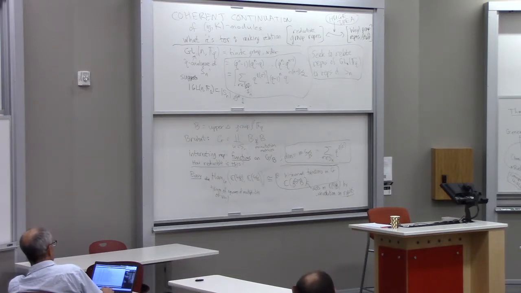The braid relation is exactly the same, and then the quadratic relation does this: the 1 is replaced by a Q, and you get this extra Q minus 1.